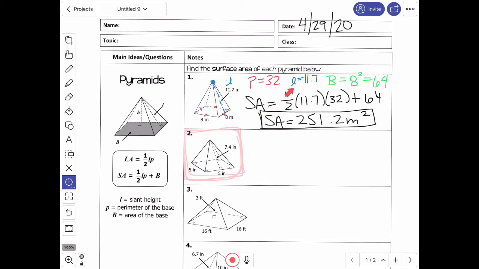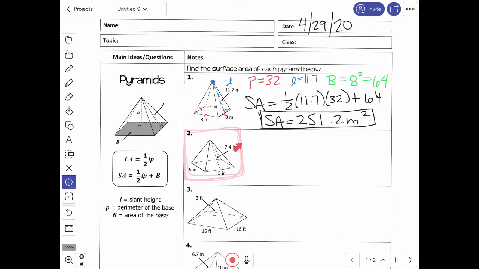And then the slant height is coming from the base to the top of the pyramid, and it's along one of those faces. And then the base area is just taking the area of that base. In this case, it was a square, so we took 8 squared to get 64.